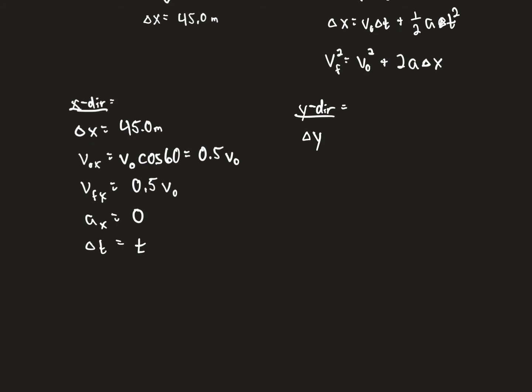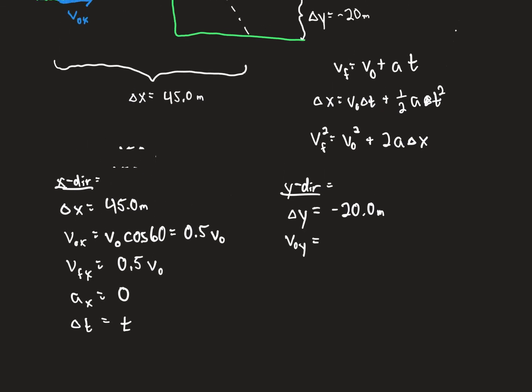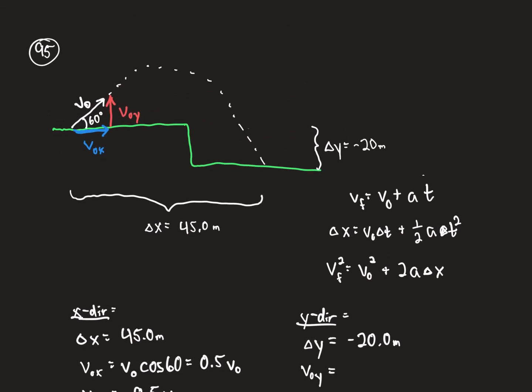Change in y. Do I know what change in y is? What's that? Negative 20 meters. V initial in the y direction, do I know what that is? 0?